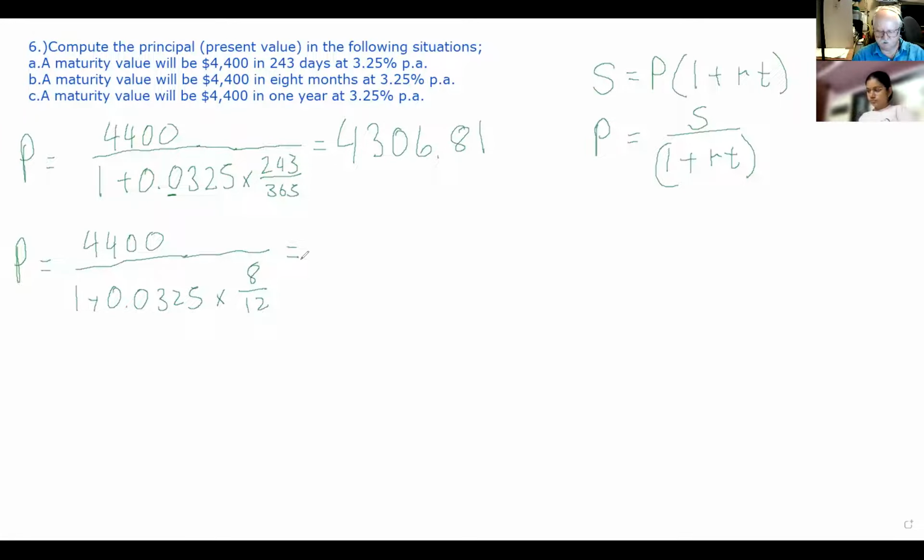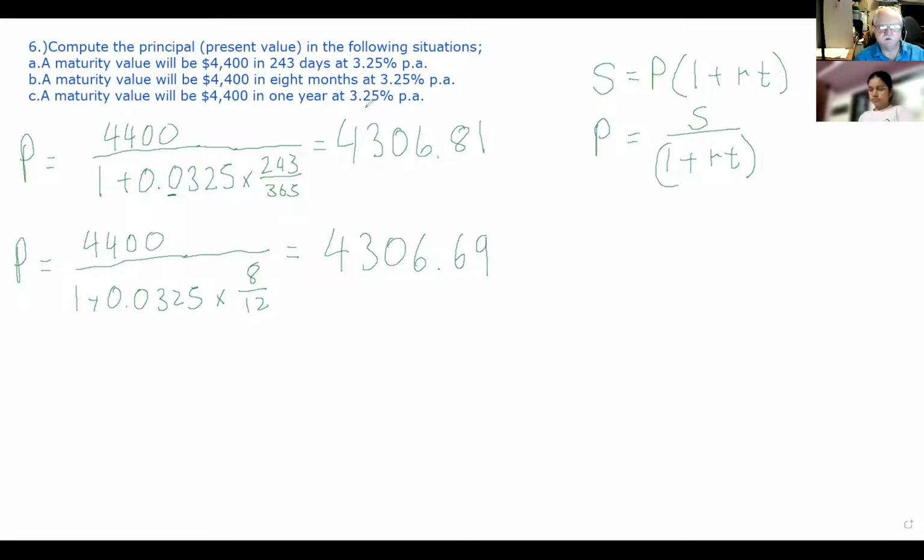So 8 divided by 12 times 3.25% equals, then plus 1, then 1 over x times 4400, and I'm getting 4306.69.